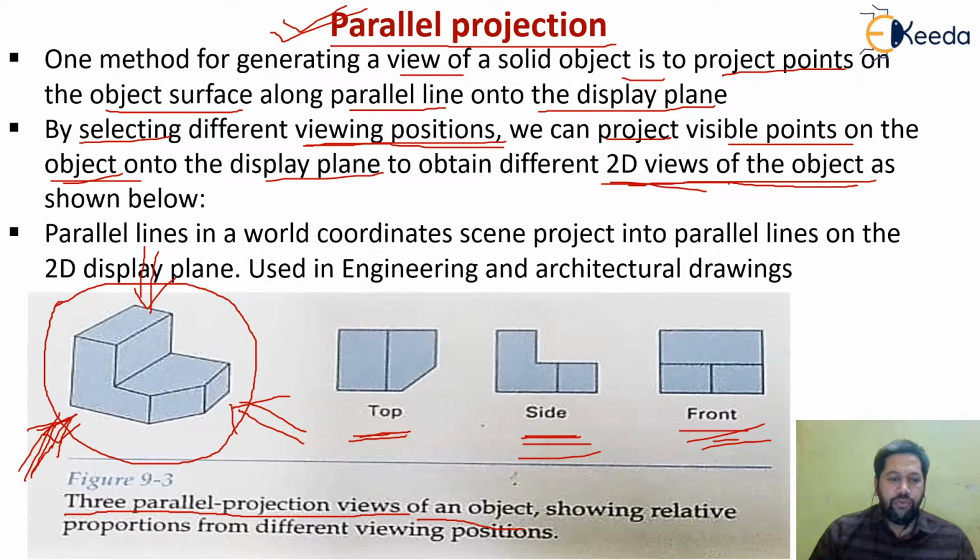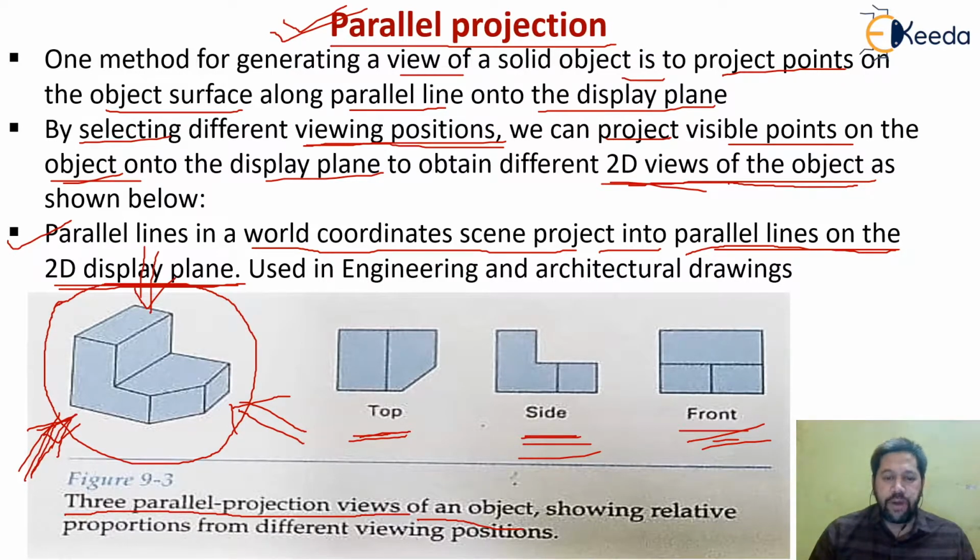Now let us understand one more point. Parallel lines in the world coordinate scene project into parallel lines on the 2D display plane. So whatever parallel lines I have in the world coordinate system, I'm going to project onto the two-dimensional display plane. So that is what I told, it is called parallel projection.